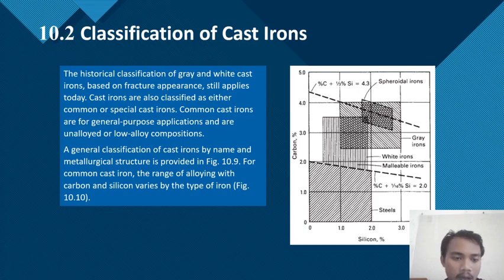Common cast irons are for general purpose applications and are unalloyed or low alloyed. A general classification of cast iron by name and metallurgical structure is provided here. For common cast iron, the range of carbon and silicon varies by the type of iron.